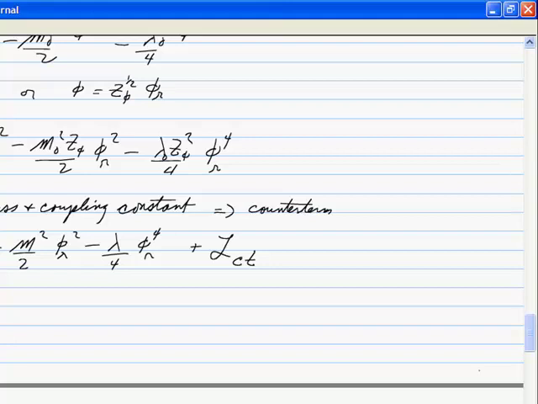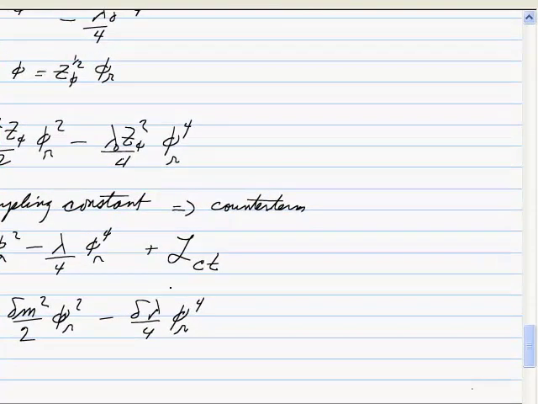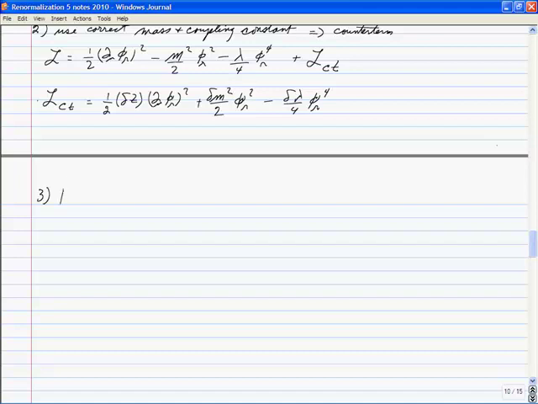It'll be δZ (∂_μ φ_r)² plus δm squared over 2, actually, given my previous notation, and minus δλ over 4 φ to the 4th. Okay. So then step 3 is the counterterms as perturbations.